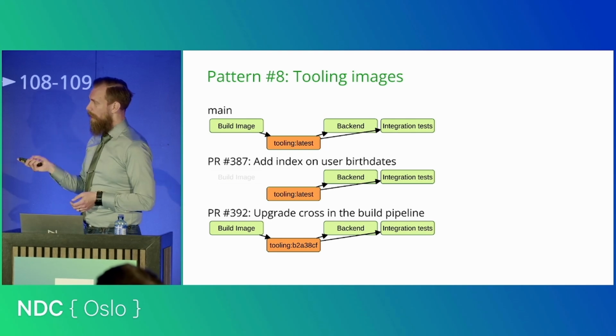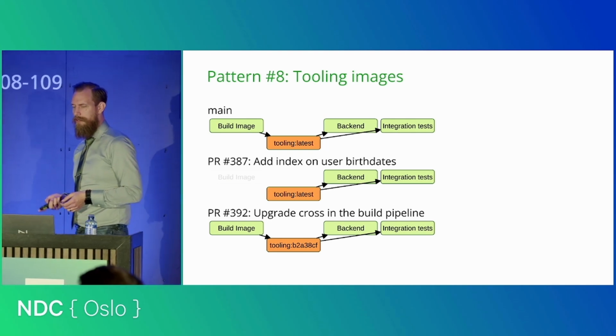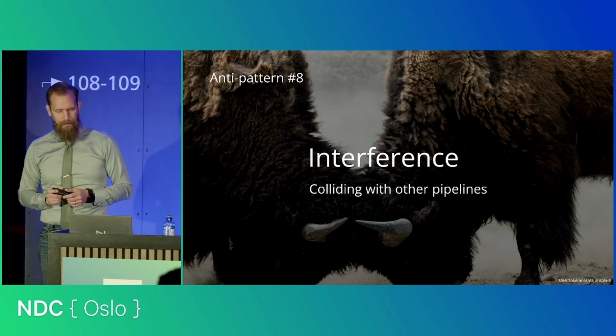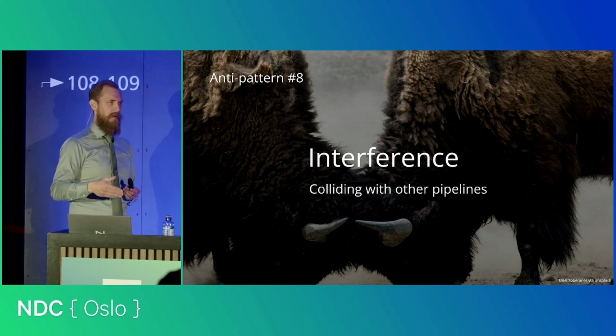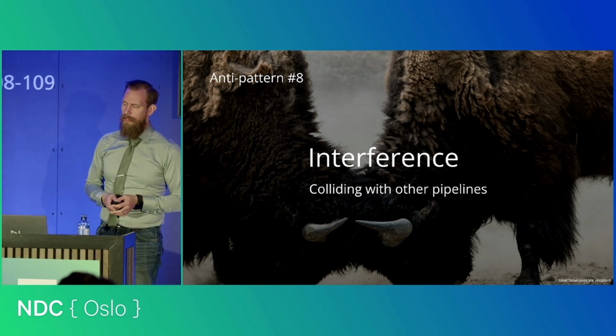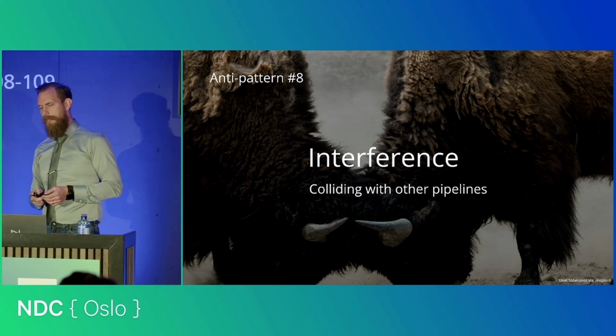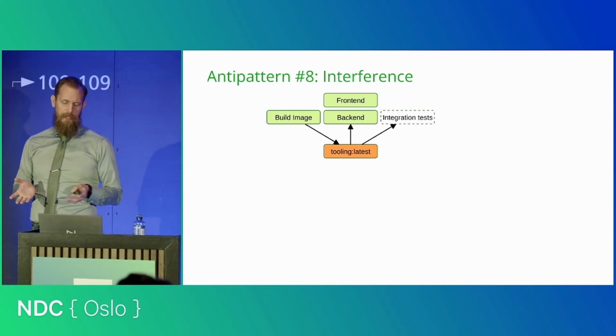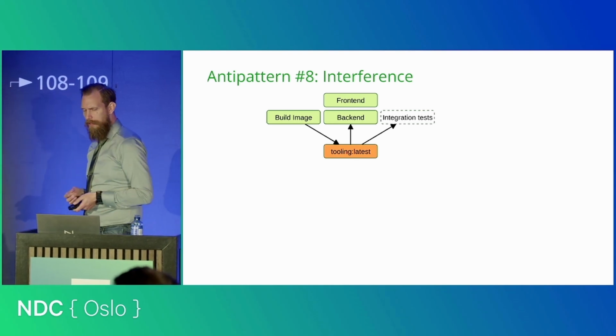But we also need to take care when we do this, because this opens us up for anti-pattern number 8, which is interference. This is when our pipeline run collides with other concurrent pipeline runs. And you can do this with Docker images. So let's have a simple pipeline.